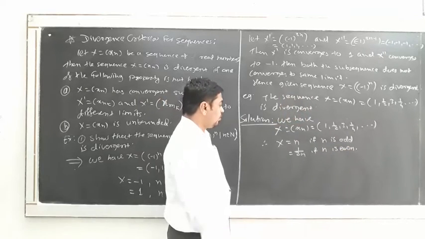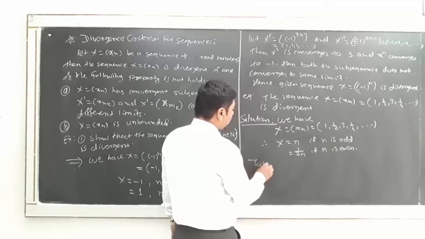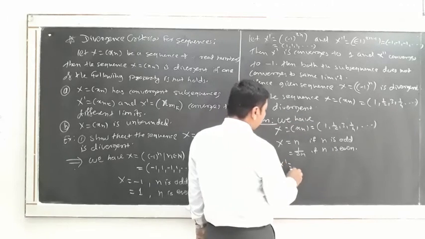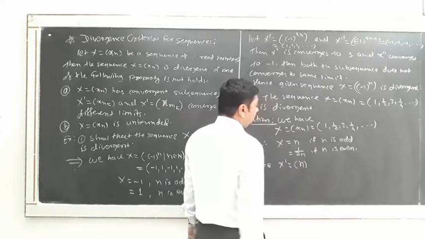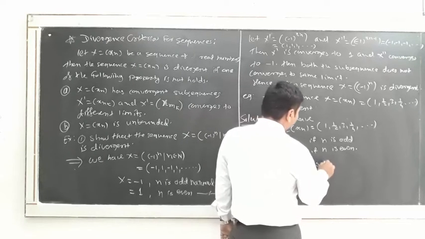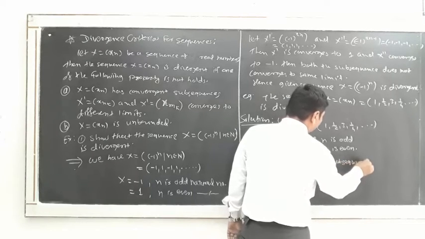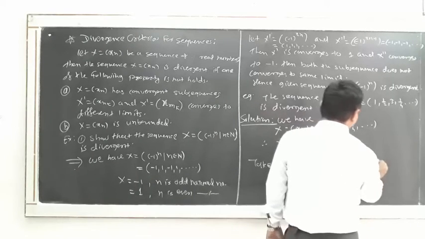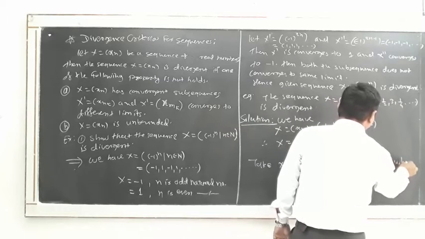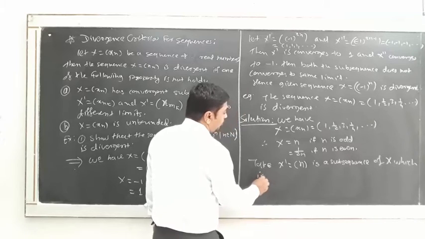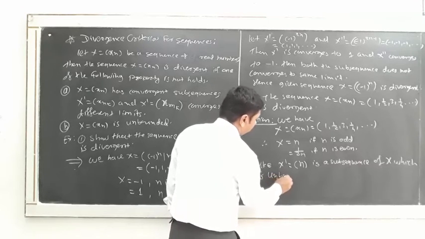Okay, so what we can take, x dash is equal to what? The subsequence (n) is a subsequence of x. Is it bounded or unbounded? It is unbounded.